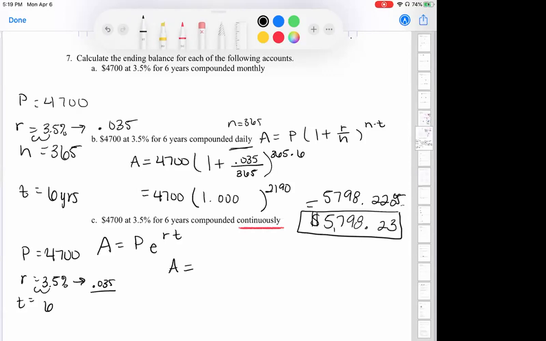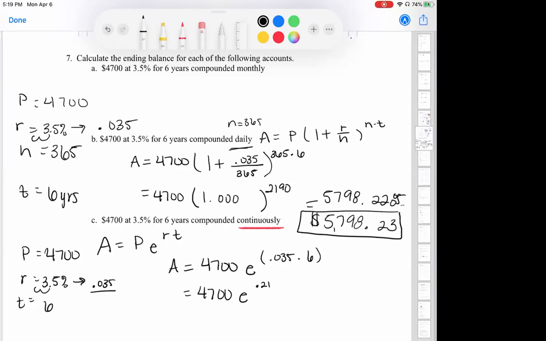A is equal to P, which is 4,700, E raised to the R times T. So I'm going to multiply 0.035 by 6. So let's multiply that first. 0.035 times 6. So far I have 4,700 with the base of E raised to the 0.21.